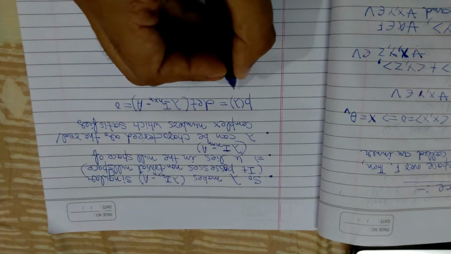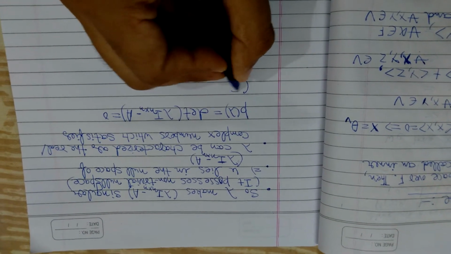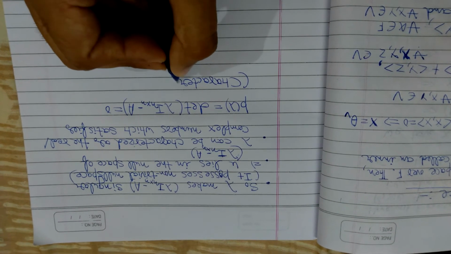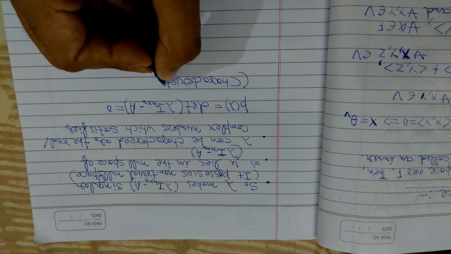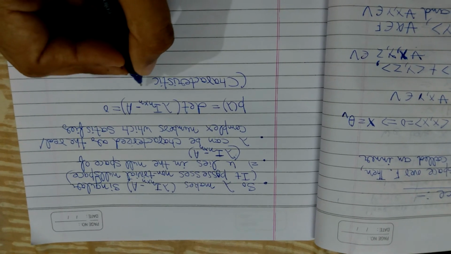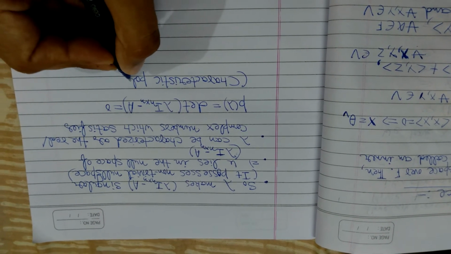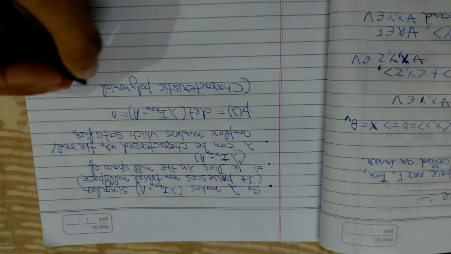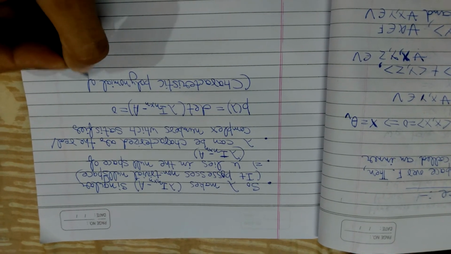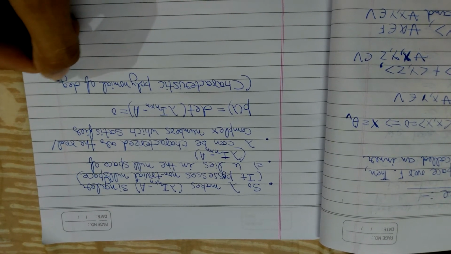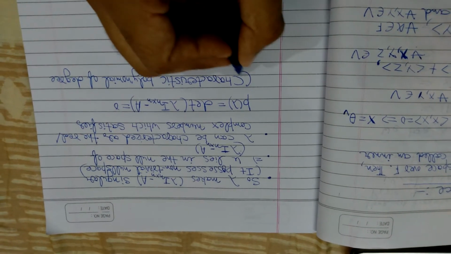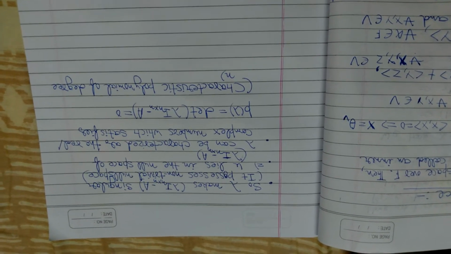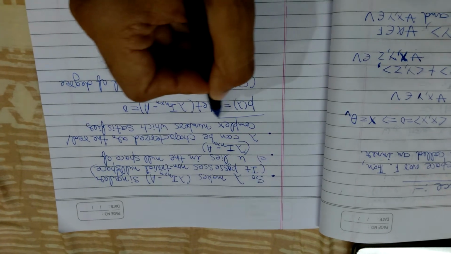This is called the characteristic polynomial of degree n, fine. So that's a very important notion.